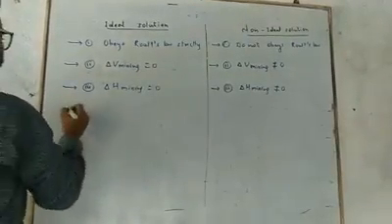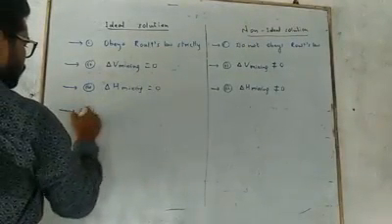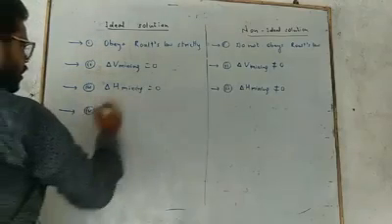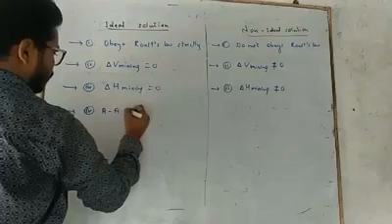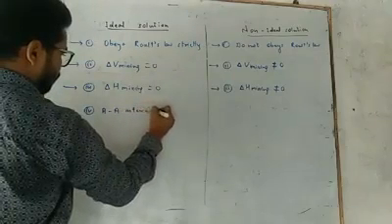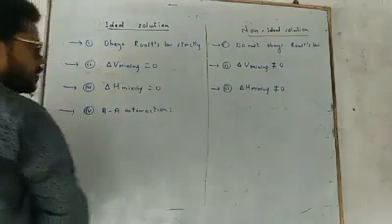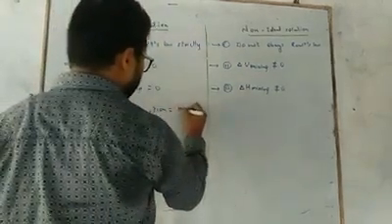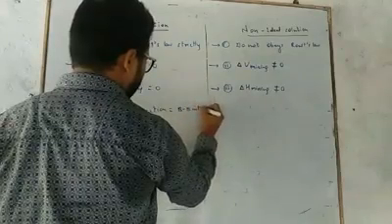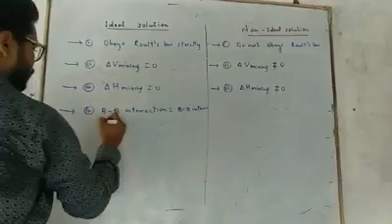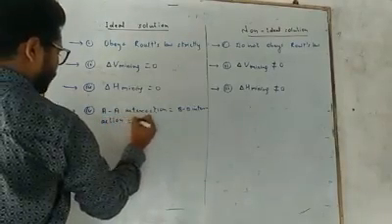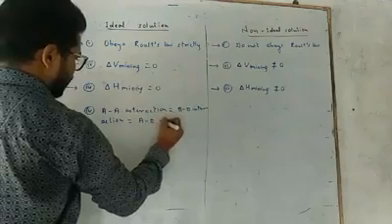Fourth point, AA interaction is equal to BB interaction is equal to AB interaction.